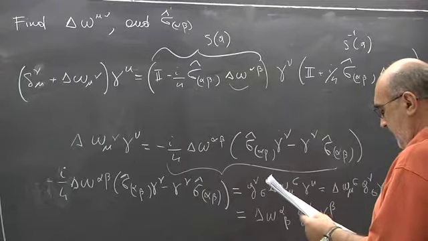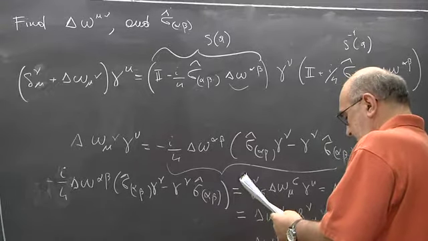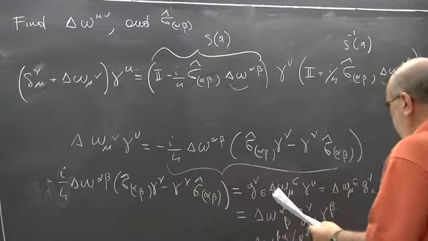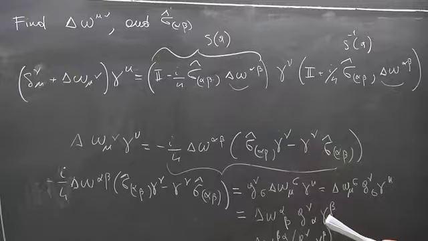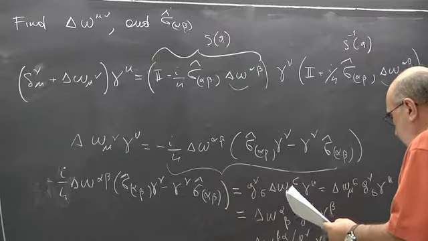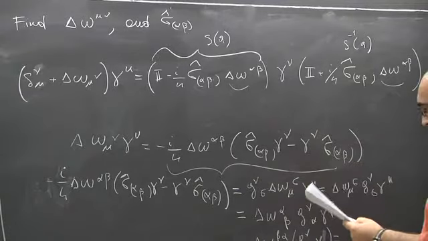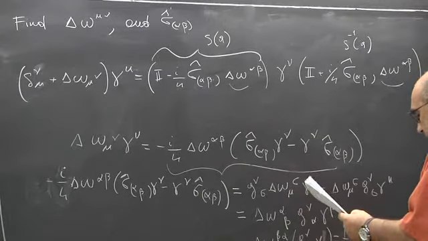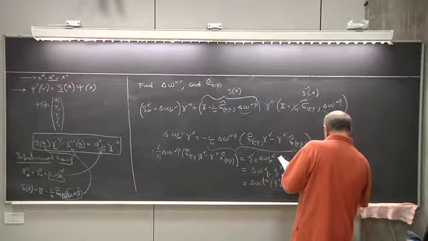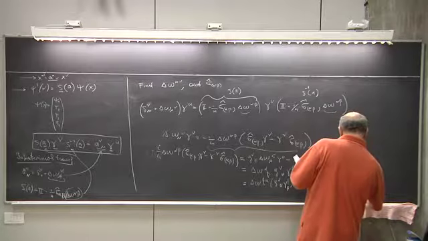Now, this is also equal to delta omega beta alpha G nu alpha gamma beta. And the beta has to be down, sorry. So I have just rearranged the indices, I have done nothing. But this one, because of the antisymmetry of this, is equal to 1/2 delta omega beta alpha times G nu alpha gamma beta minus G nu beta gamma alpha.